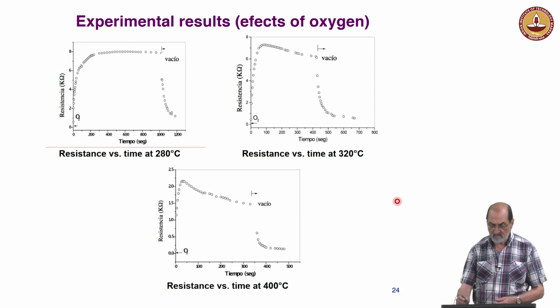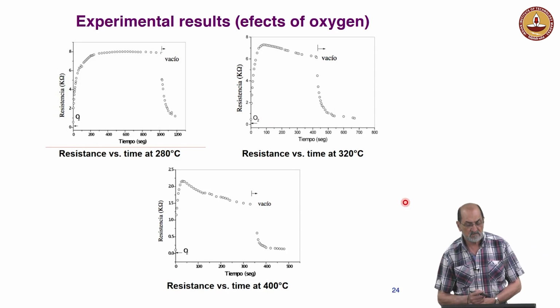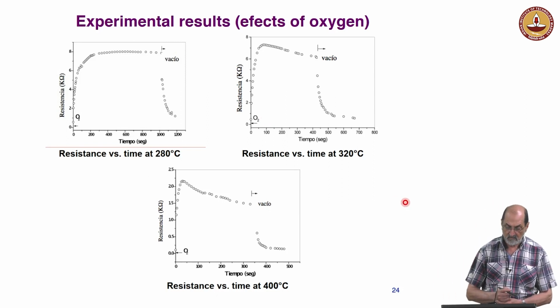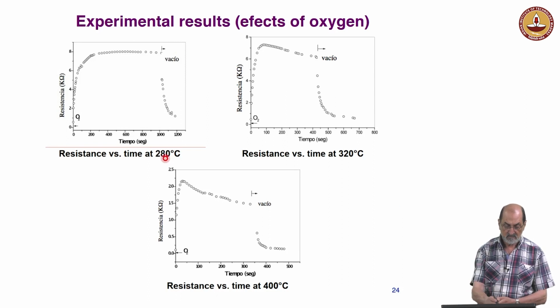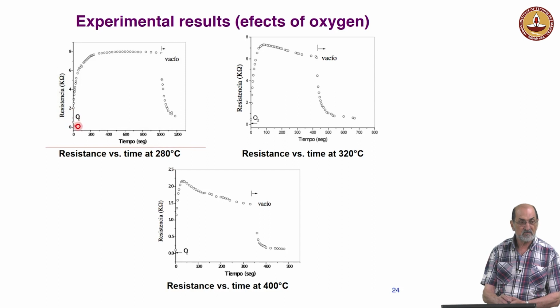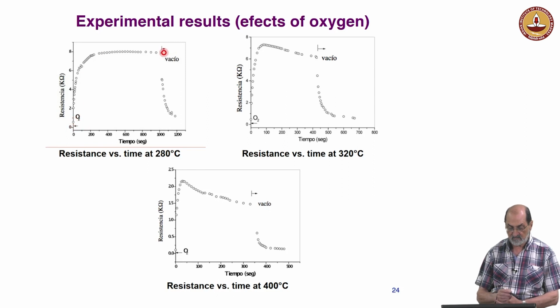Some first results we found had no answer in the literature. If we run things at lower than 300 C, at 280 C, from vacuum we go into air pressure, introducing air in the chamber, and as we saw, the resistance increases.